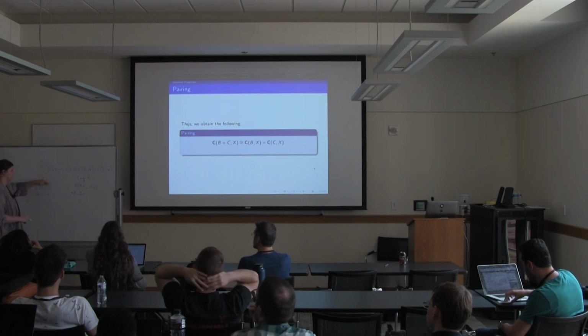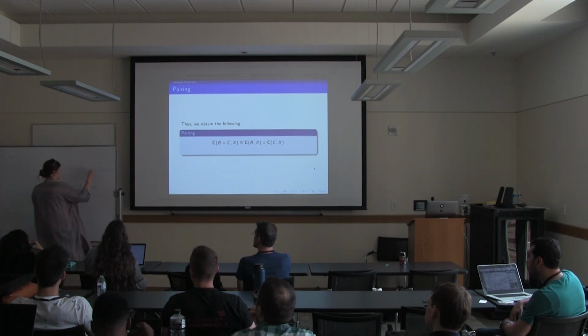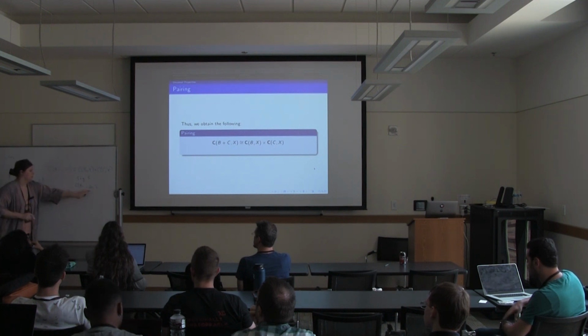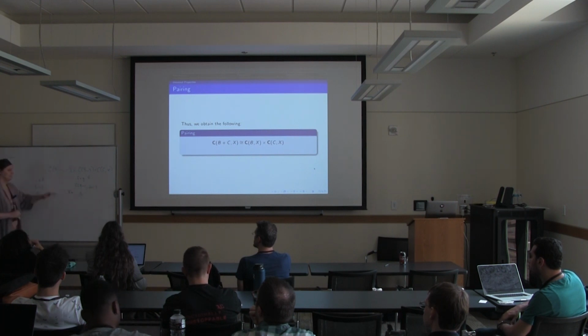And actually, if I fill in, I should use b in this case. If I fill in the positions that I just erased here, so I have this guy, and I forget about that guy, then I have something that looks exactly like an adjunction.